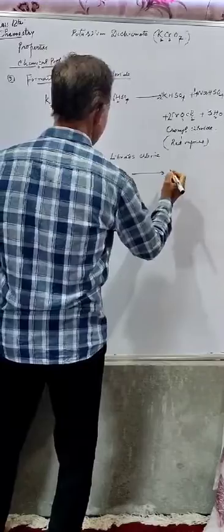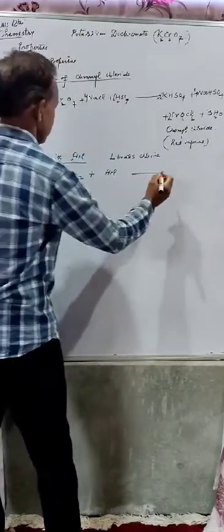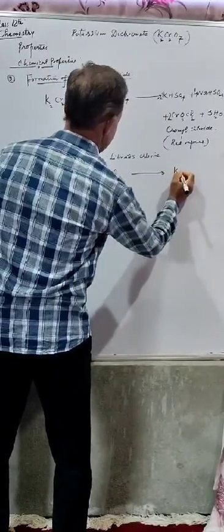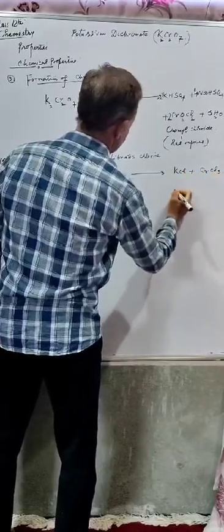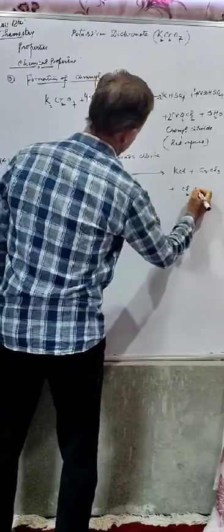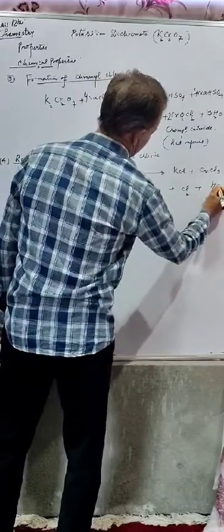So we get KCl plus CrCl3 plus Cl2 plus H2O.